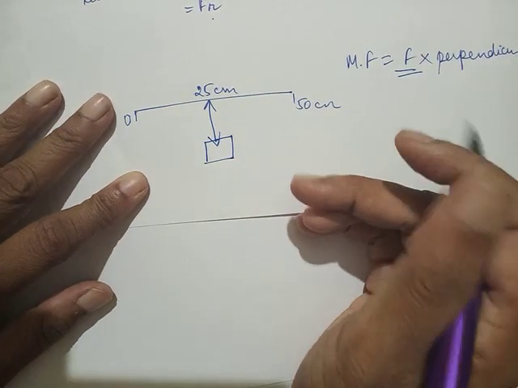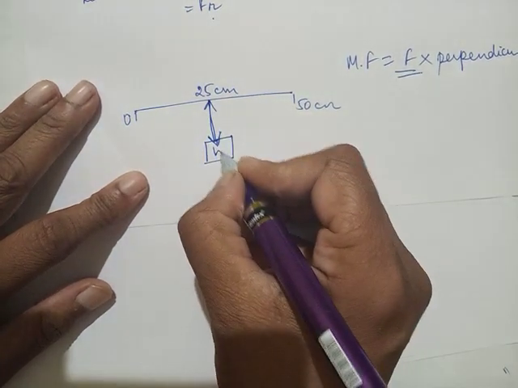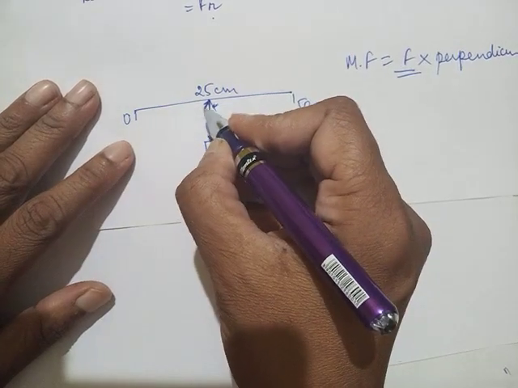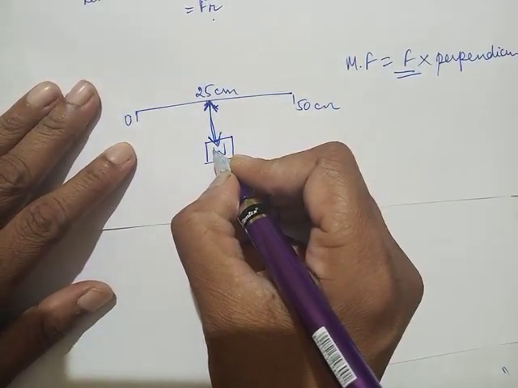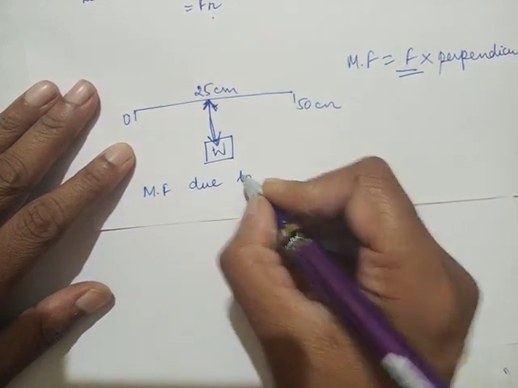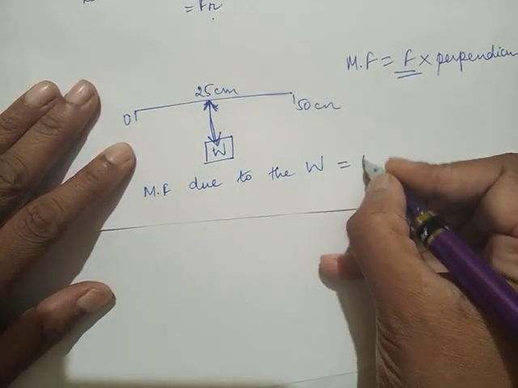As we studied CG, the center of gravity, the weight of the body will always be acting from the geometrical midpoint. So, if it was hung from here and the weight will also be acting from here, then moment of force due to the weight of the scale, W, will be 0.